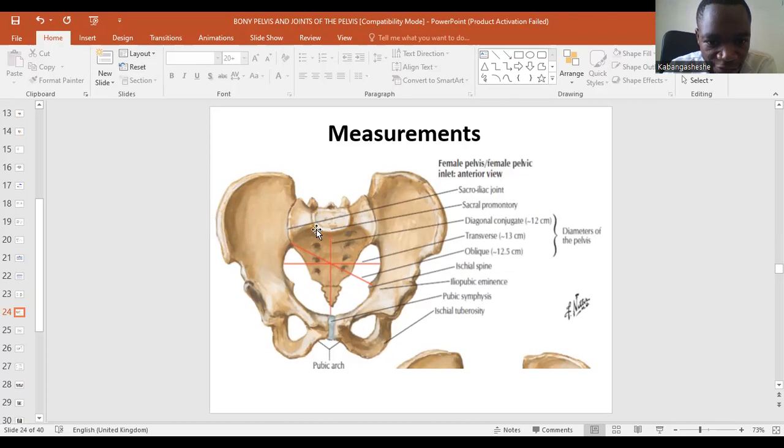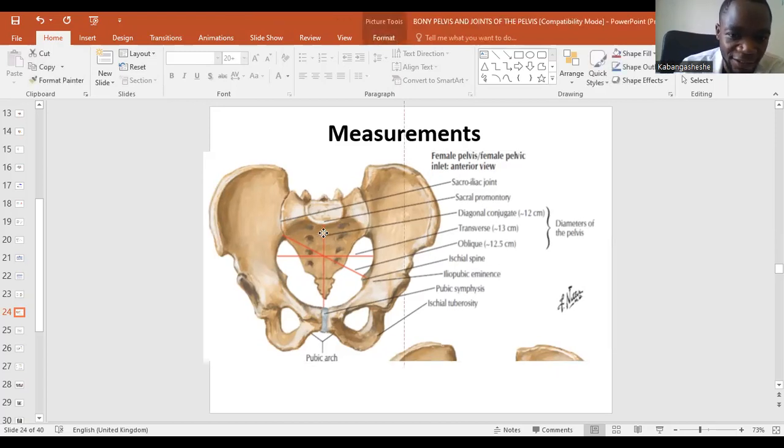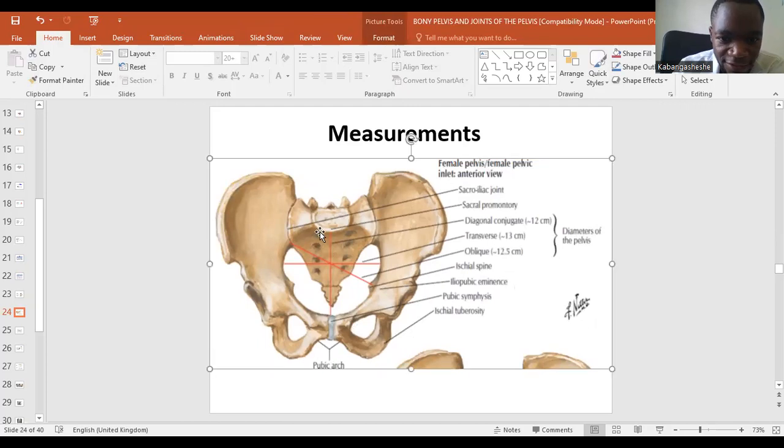Because of that projection, the sacropromontory, the inlet to the pelvis is said to be heart-shaped, because of this projection of the sacrum into the brim of the pelvis, and therefore it reduces the diameter from the promontory all the way to the inner surface of the pubic symphysis. This measurement is about 12 centimeters.